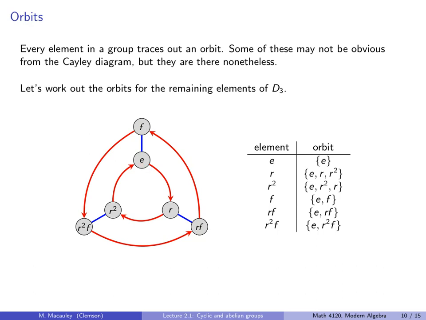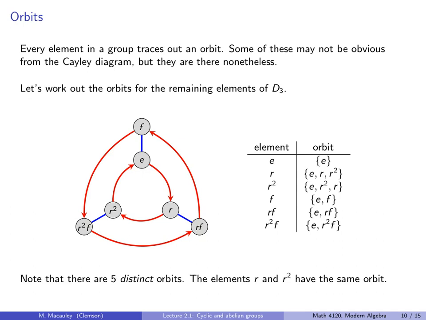So it's just this 2 element set. And the orbit of R squared F, let's try that. R squared F, R squared F, again, just traces out these 2 elements. Note that there are 5 distinct orbits, even though I've written 6 here as sets, because these 2 things are identical.